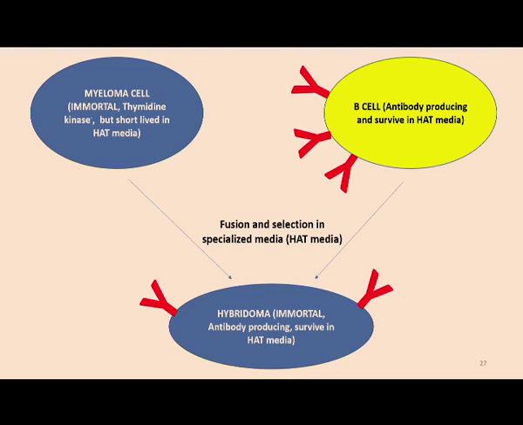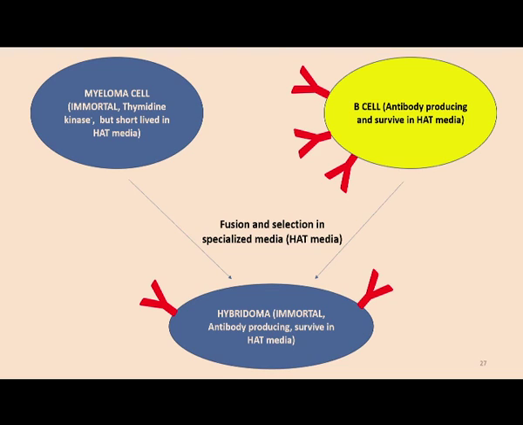So, this being thymidine kinase negative is not able to initiate what is called de novo DNA synthesis, and therefore would require some intermediates to synthesize DNA. Whereas, if you combine it with the B cell, because the B cell is not thymidine kinase negative, the resultant cell would be able to synthesize DNA.